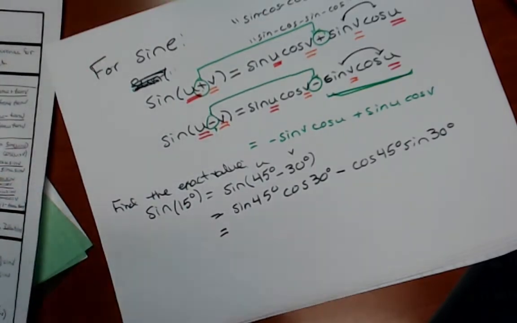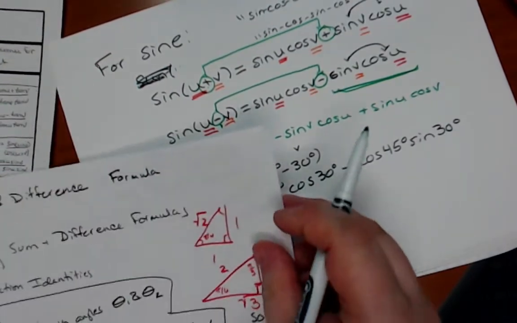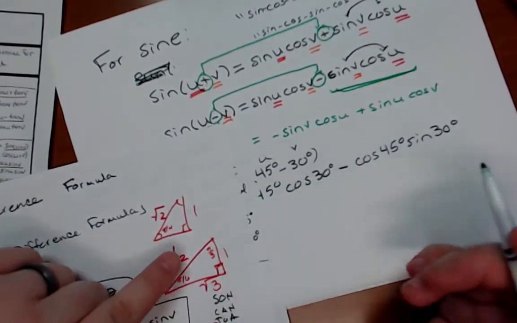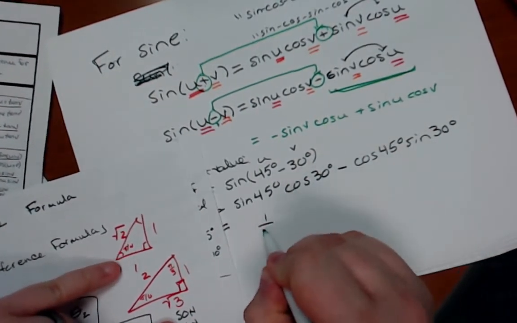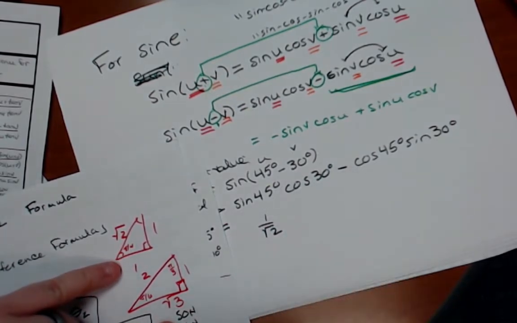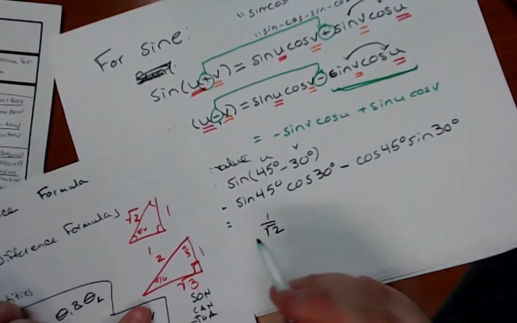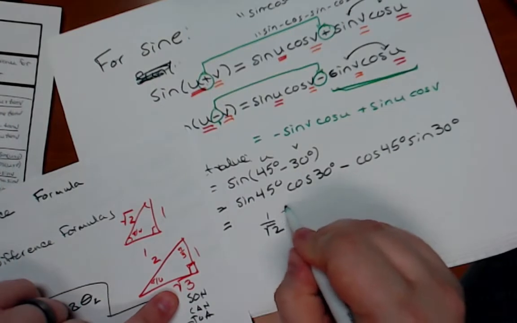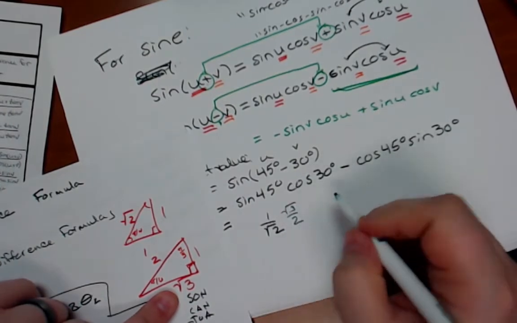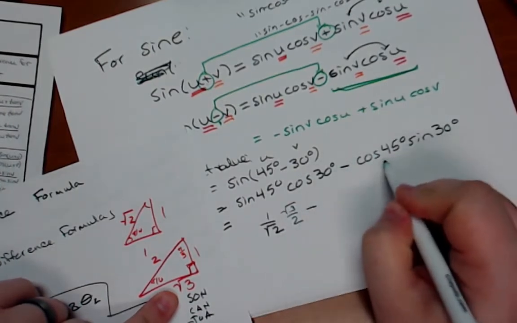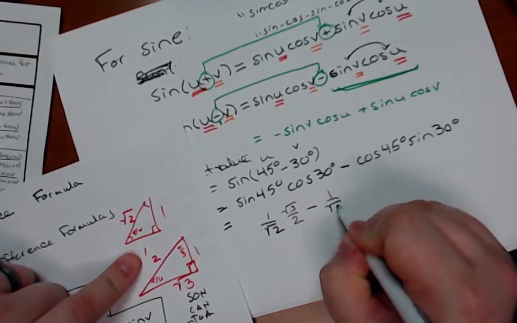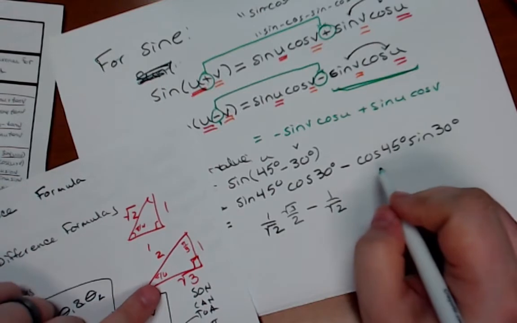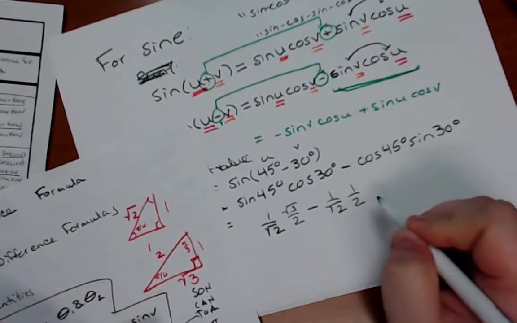If we want to figure this out, we have sine of 45, so opposite over hypotenuse, 1 over root 2. And then we have cosine of 30, adjacent, root 3 over 2, minus cosine of 45, adjacent over hypotenuse, times sine of 30, opposite over hypotenuse.